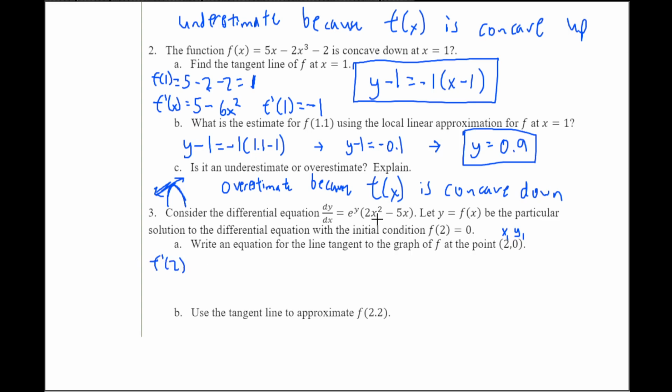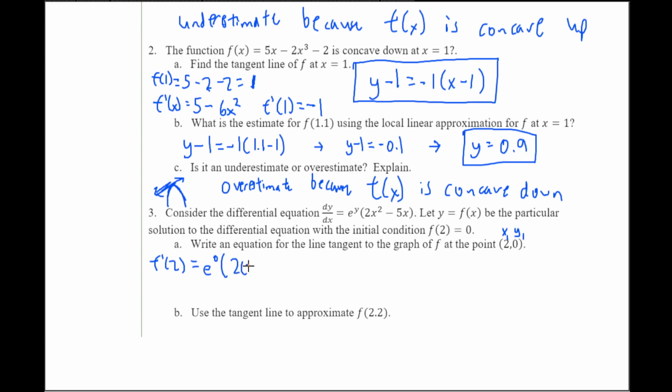So what's f prime of 2? You see this is the derivative function. This is your y prime, it's just dy dx. So you see e to the y. When x is 2, y is 0, so it's e to the 0. You're plugging in the 2's for x, 0's for y.